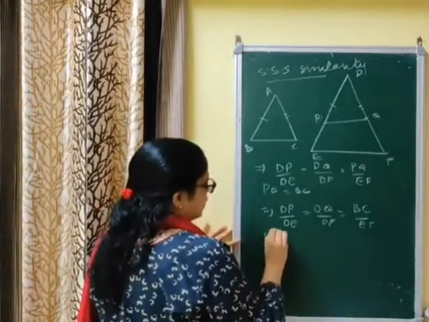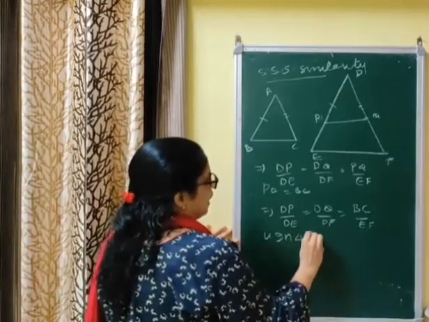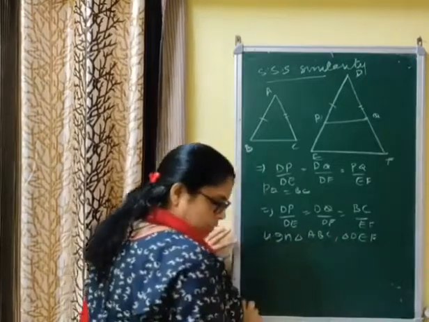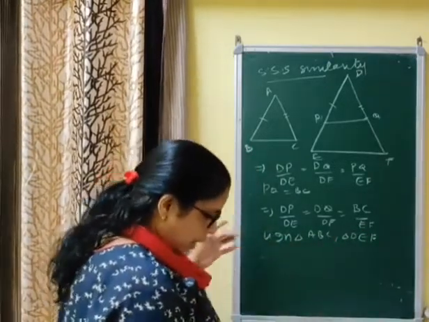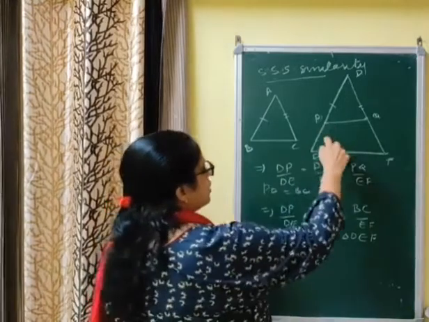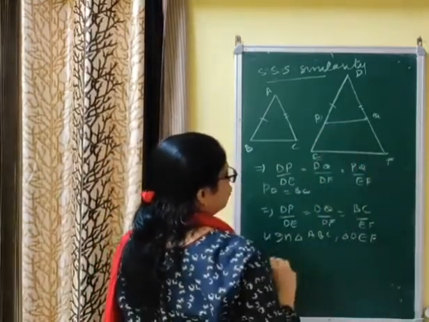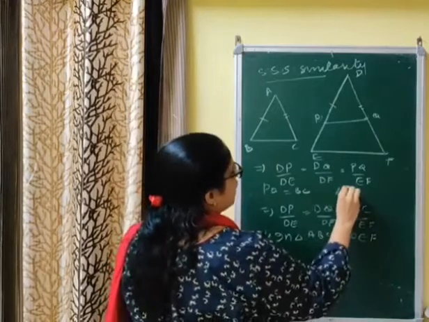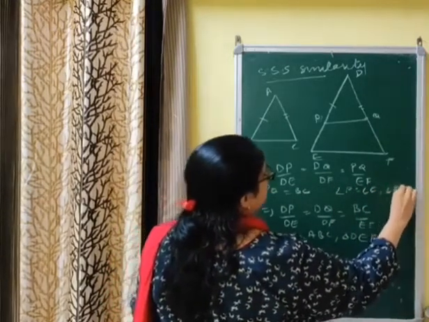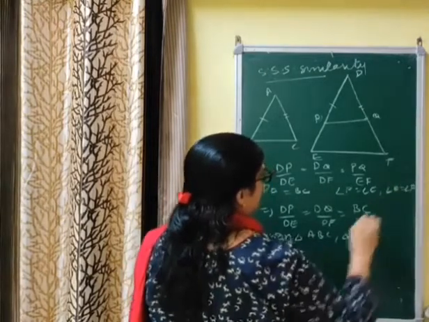That means in triangles ABC and DEF you are given one more condition. Since PQ is parallel to EF, you can write angle P equal to angle E and angle Q is equal to angle F by corresponding angles.